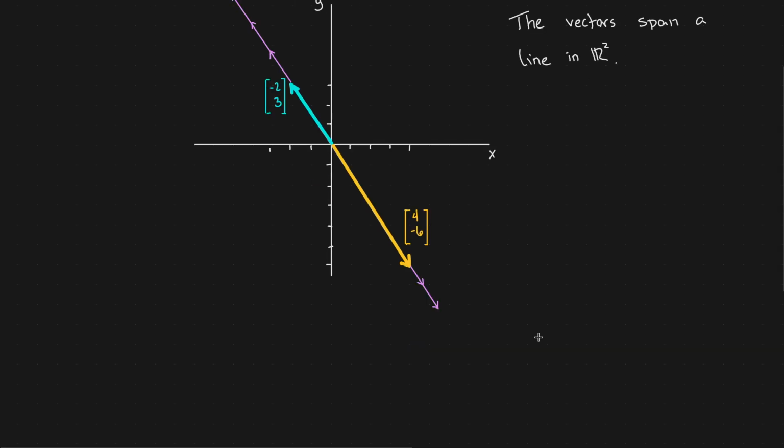If we have some vector v that can be described as a linear combination of our two vectors, then it could be described as some constant times our first vector plus some constant times our second vector.